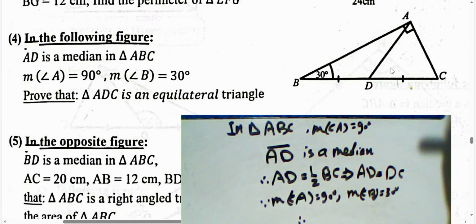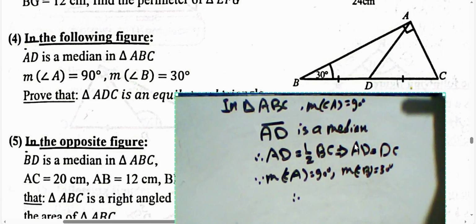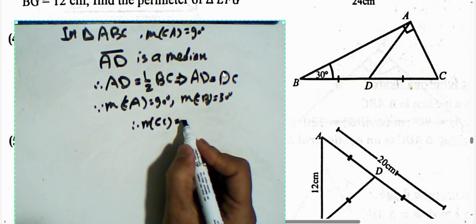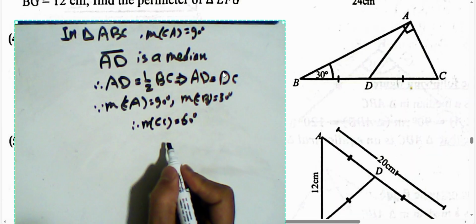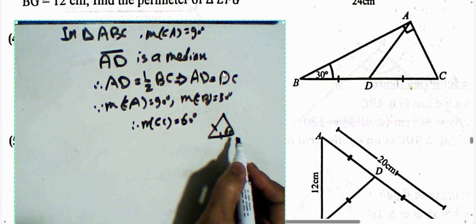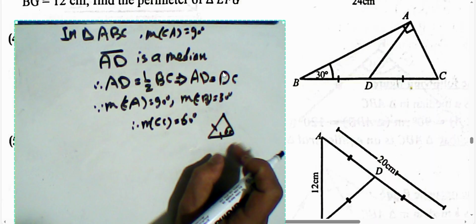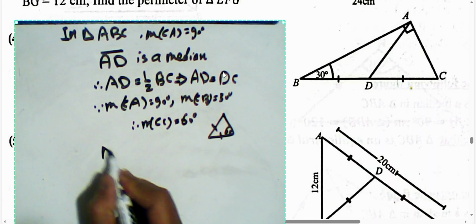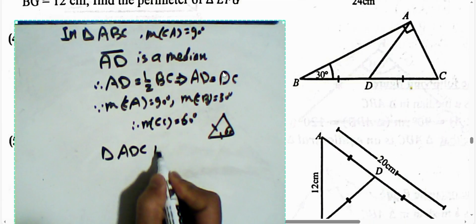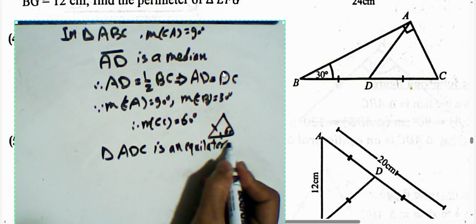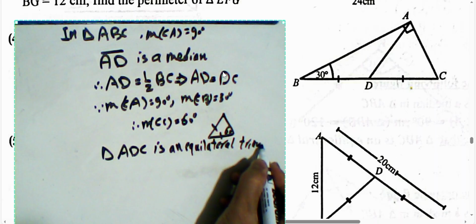Then the measure of angle C will be 60 degrees. Then we have an isosceles triangle with an inside angle equal to 60, so it converts from isosceles to equilateral triangle. Then triangle ADC is an equilateral triangle.